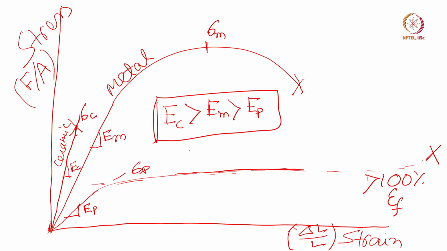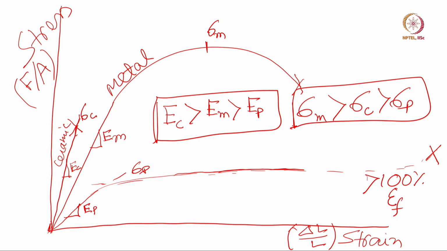The strength is the maximum load bearing capability, as I mentioned in the last lecture. So sigma m is greater than sigma c, which is certainly greater than sigma p. What is the strain to failure? Strain to failure epsilon p is greater than epsilon m, which is greater than epsilon c of ceramic.